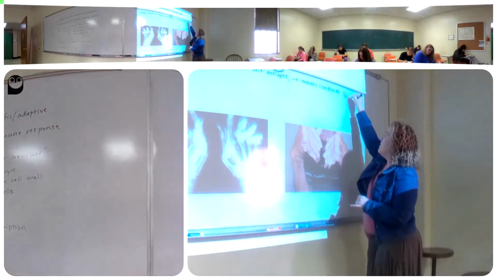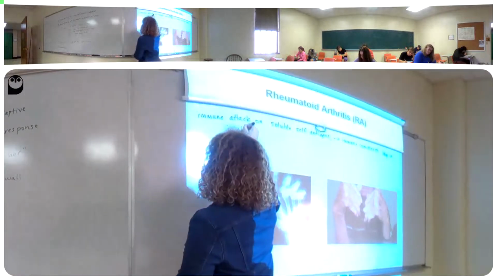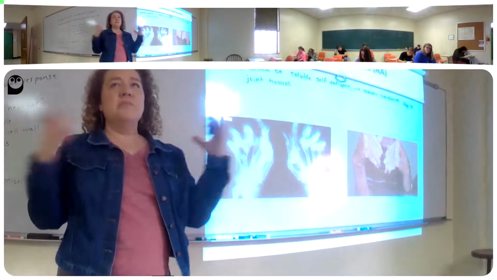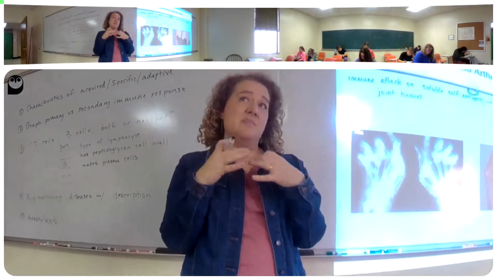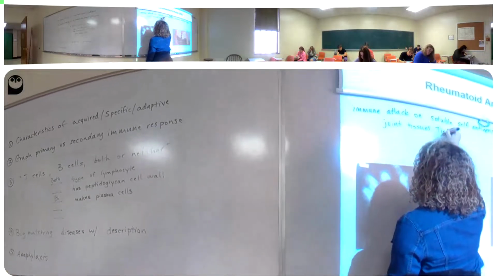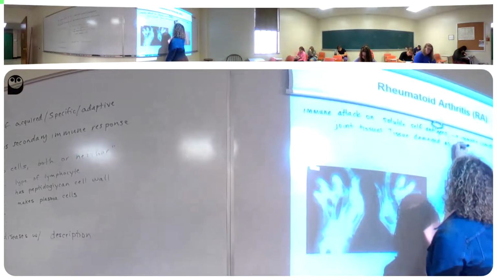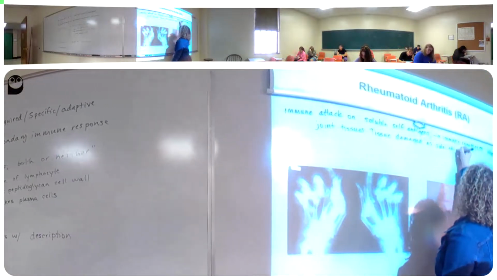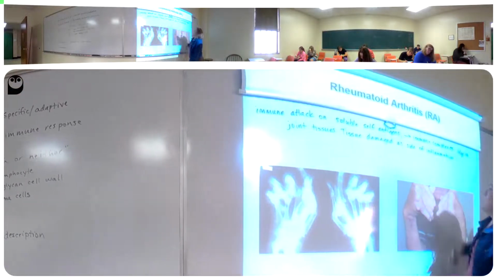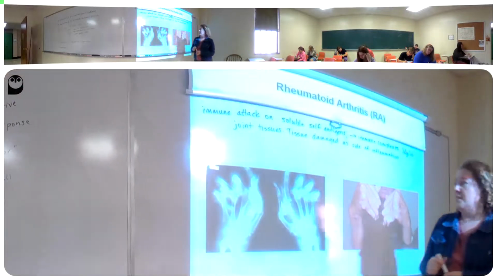The immune complexes lodge in joint tissues, and then you've got immune cells trying to clear them out, and they can't, but they do tissue damage as a side effect. So the joint tissue is damaged as a side effect of the inflammation that you get when these immune complexes lodge in your joints.